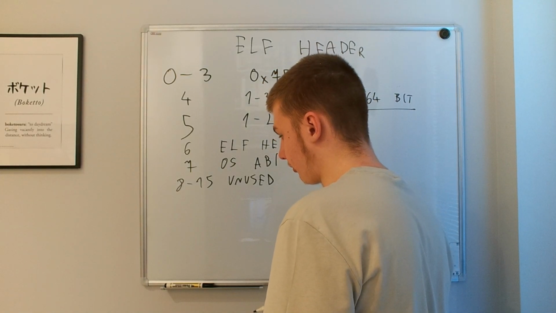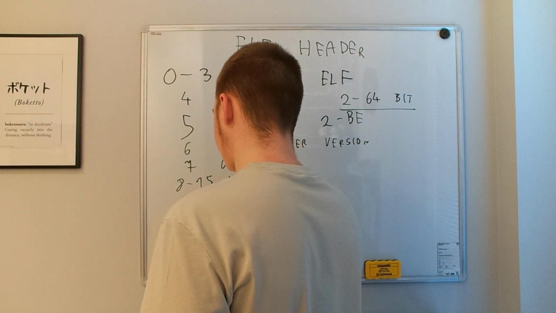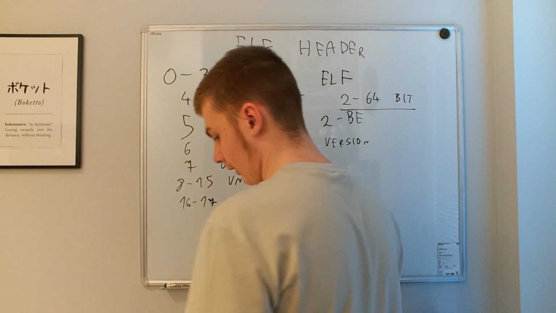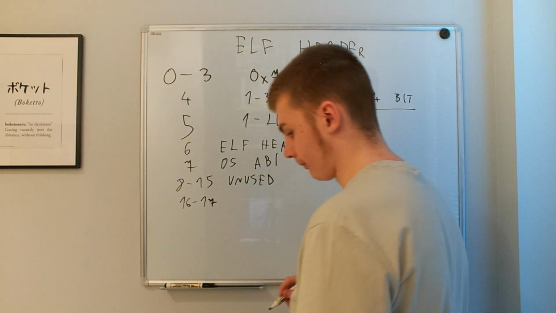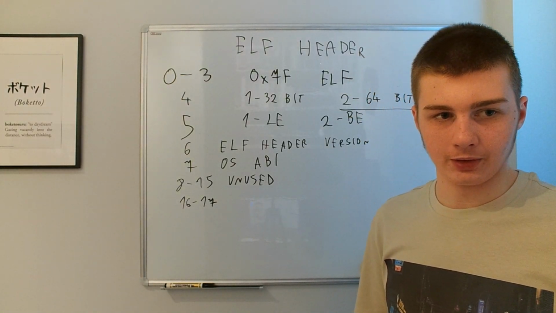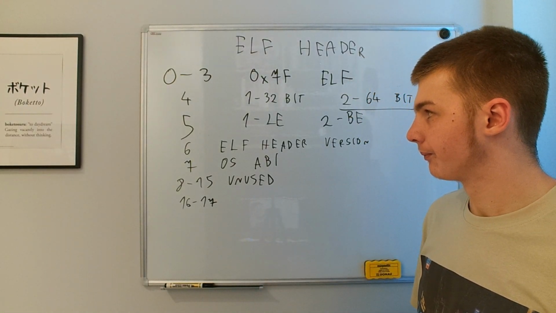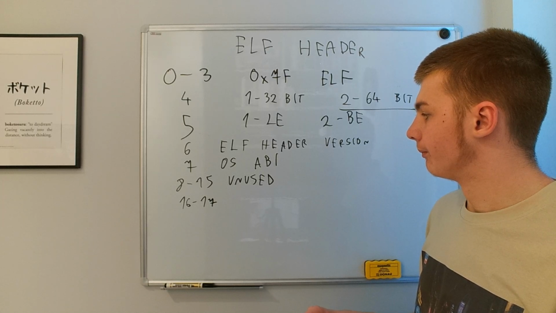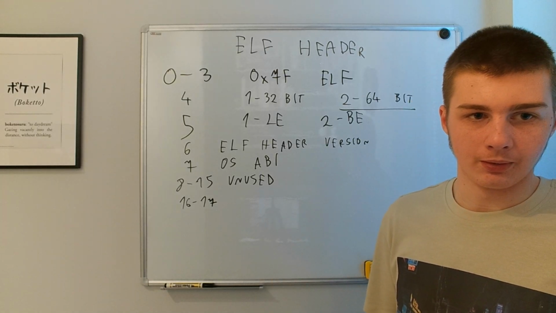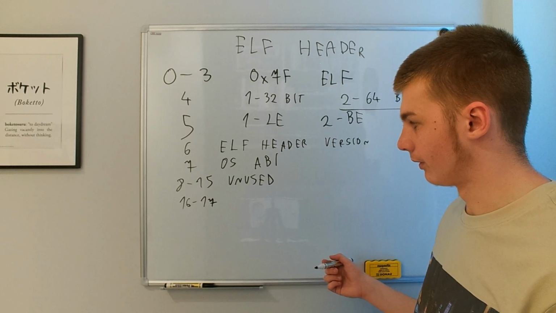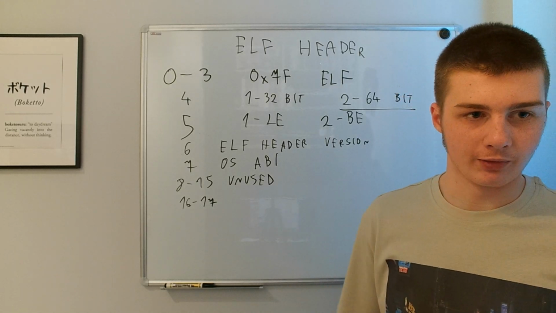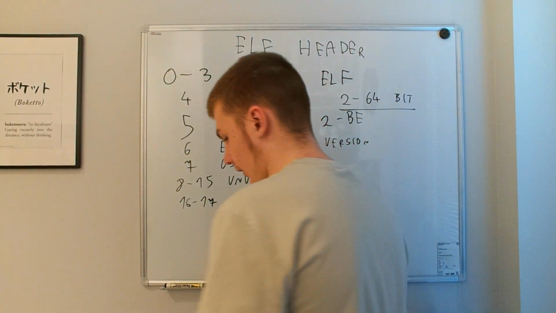And then 16 to 17 is actually interesting because it tells us what type of ELF file this is.